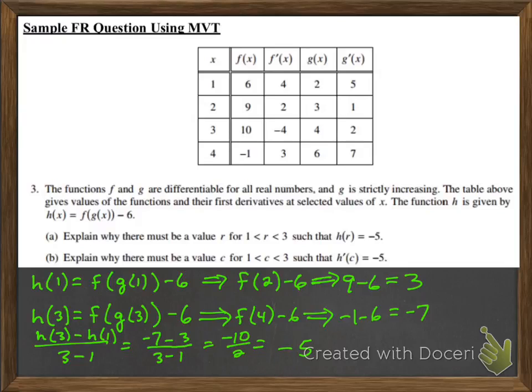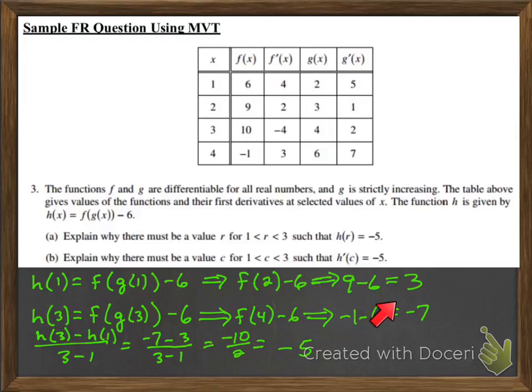Now, just to look at this one right here, Part A says, explain why there must be a value r between 1 and 3 such that h of r is negative 5. This is talking about there being a y value that's equal to negative 5, not a derivative that's equal to negative 5.